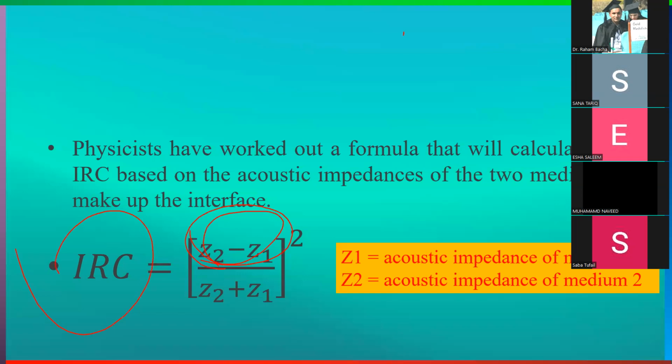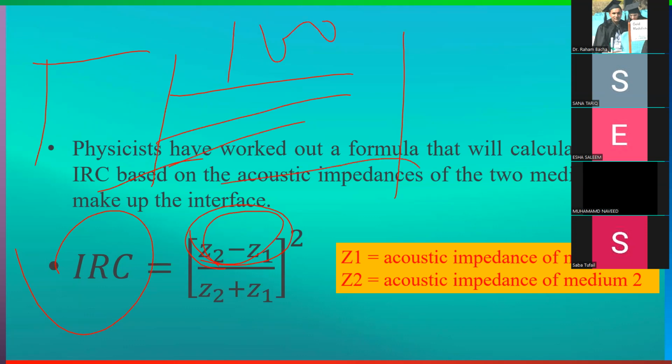For example, this is a reflector. The sound waves which are generated by the transducer are 100%. Now, 75% of the sound waves are reflected back, so only 25% of the sound wave will be transmitted. So if 70% is reflected, 30% will be transmitted.